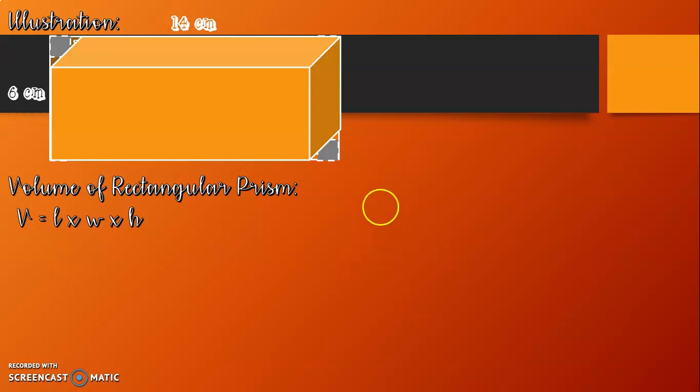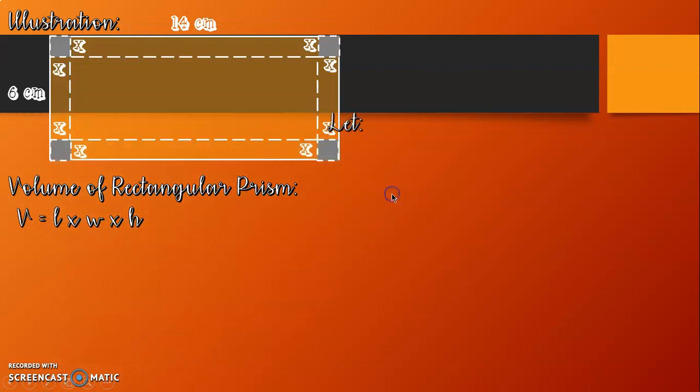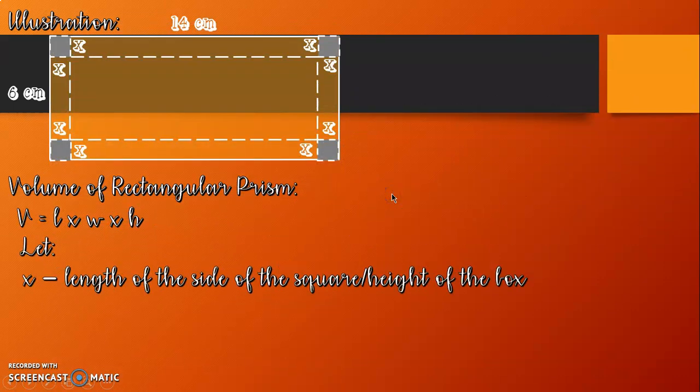Since the volume is given, we will use the formula of the volume of a rectangular prism, which is V equals length times width times height. Then, let us represent the side of the square as x. This will be the length of the side of the square and it will become the height of the box.